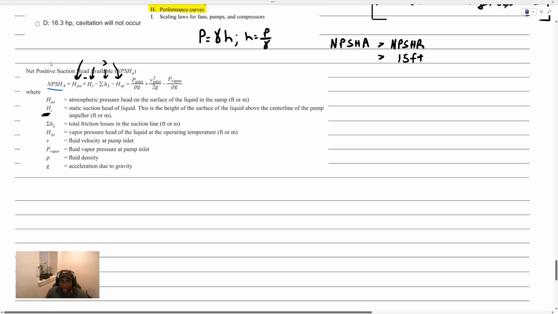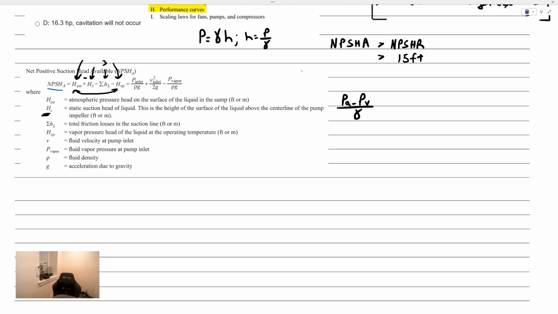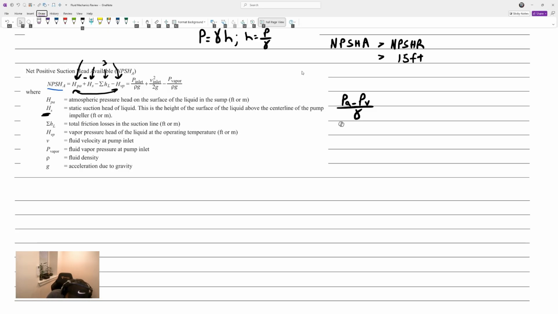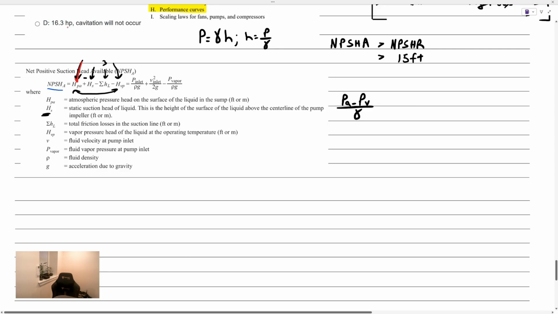Okay, so now that we have pretty much all the terms identified, I'm going to group together the head term for the atmosphere, which I'm going to call the pressure of the atmosphere. And I'm going to subtract off the vapor pressure or the saturation pressure divided by gamma. So I've taken into account already this term as well as this term.